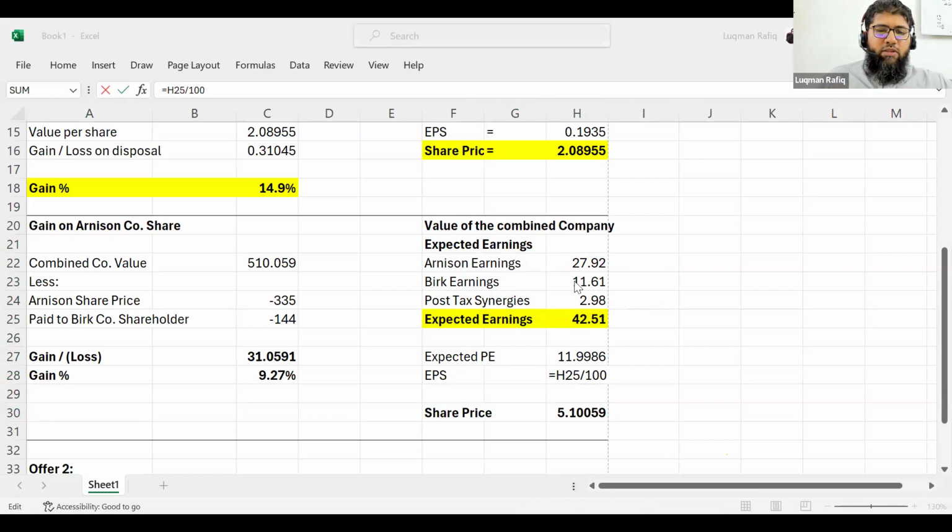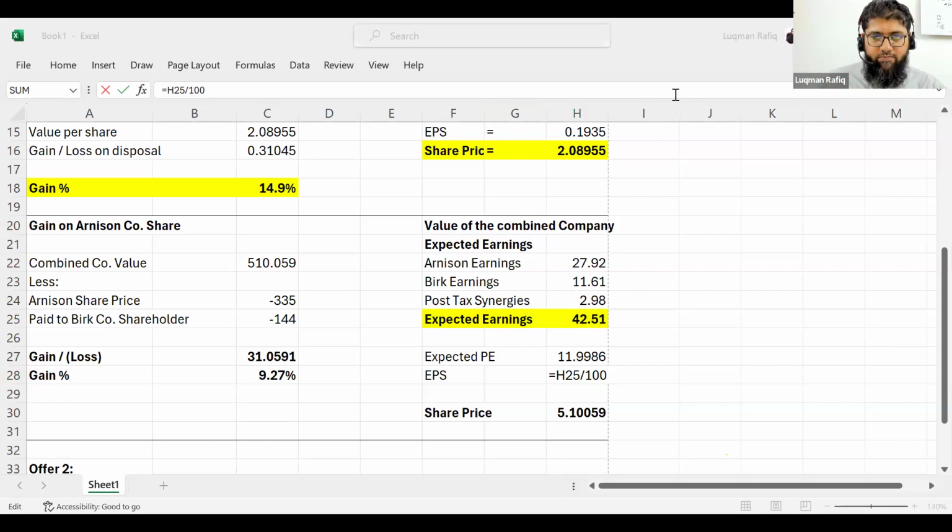We are talking about the cash offer right now, Jamshed. I am not talking about share for share offer, please. I am talking about cash offer. Okay, Isra Tali, just try to understand.